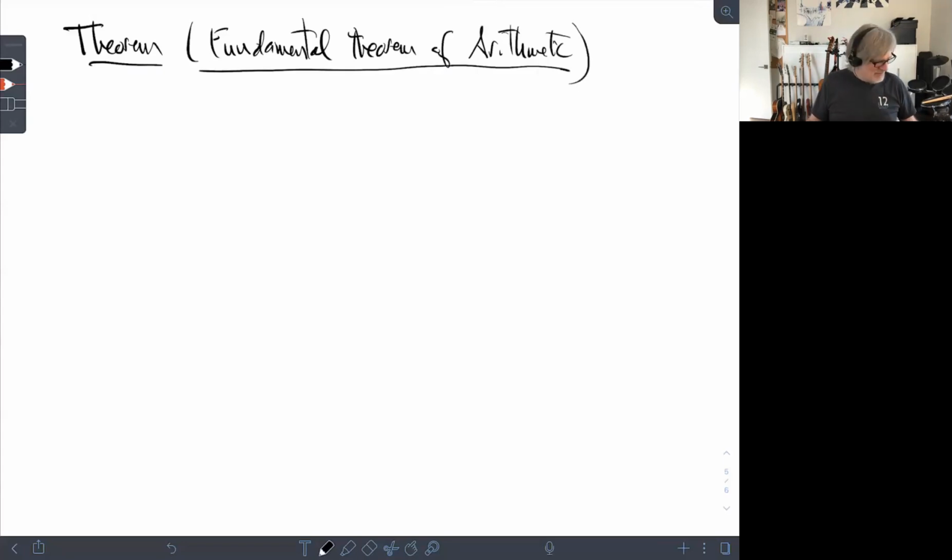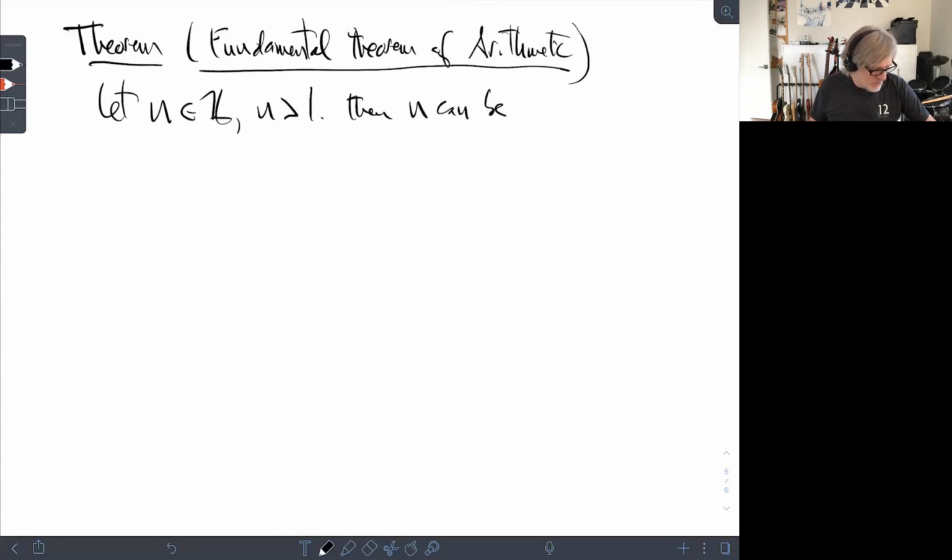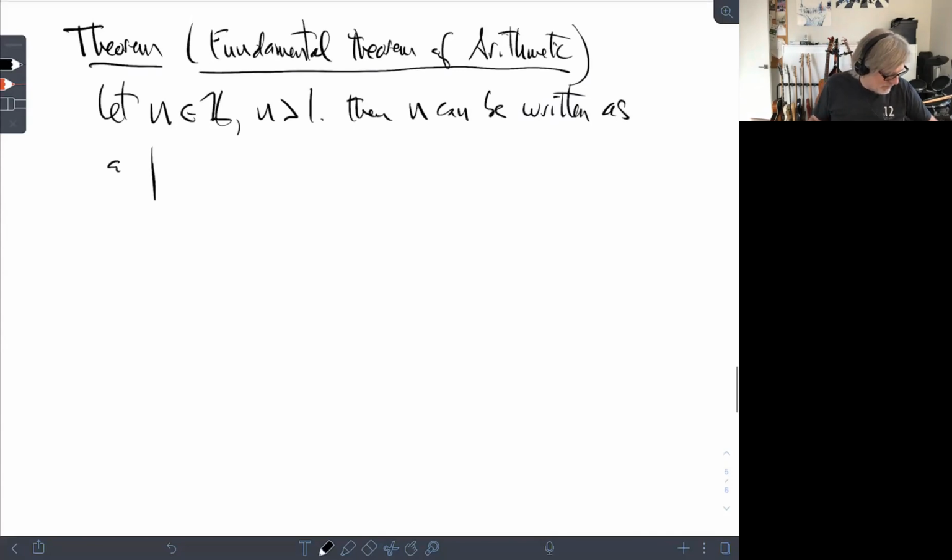It's called the fundamental theorem of arithmetic. What is the fundamental theorem of arithmetic? It says the following. Let n be an integer at least 1. Then n can be written as a product of primes, and this representation is unique.